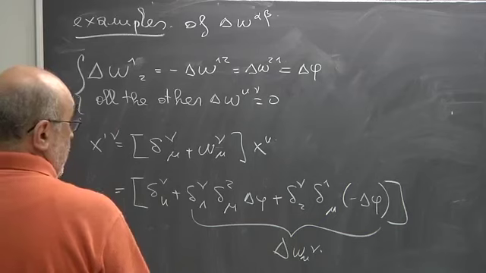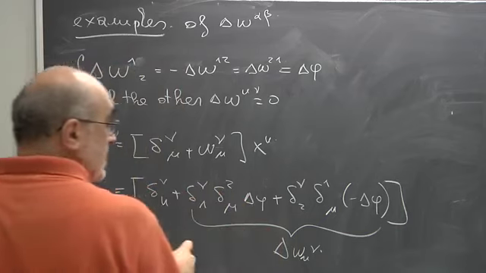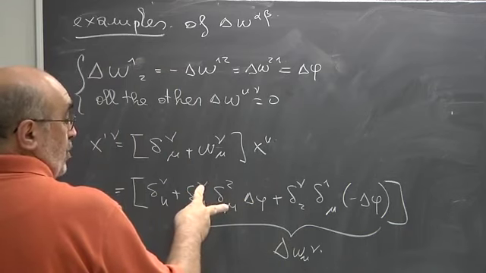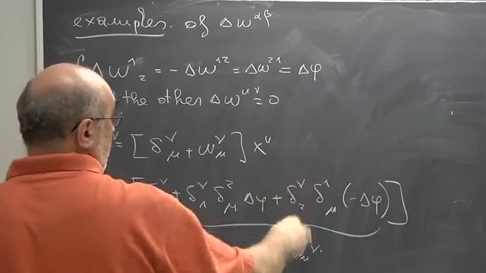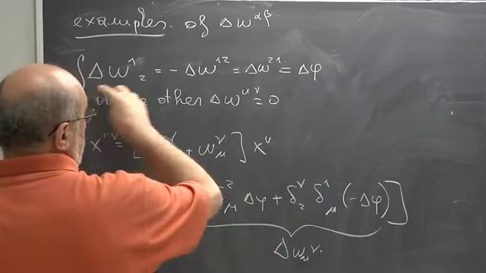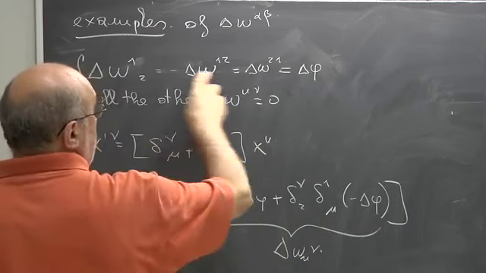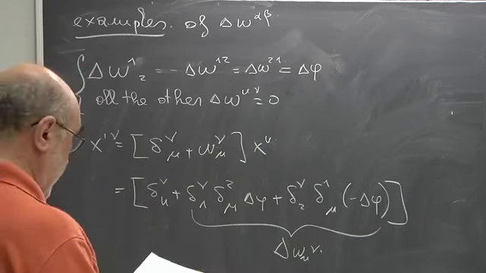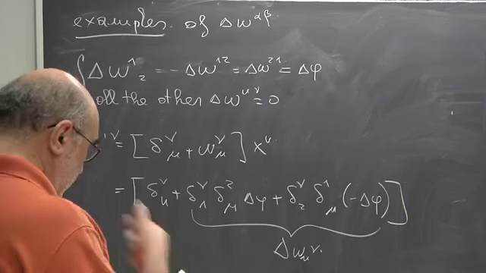So this is the parameterization of that object. And you see that it is 0 every time mu and nu are different from 1 or 2. They are 0 because this delta gives 0 if they are not equal to 1 and 2. When they are equal to 1 and 2, they satisfy this condition. Okay, so this is a manner to parameterize the delta omega.